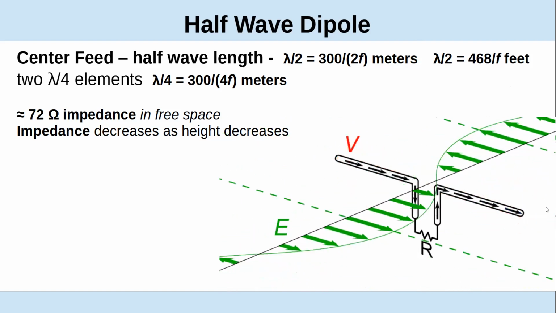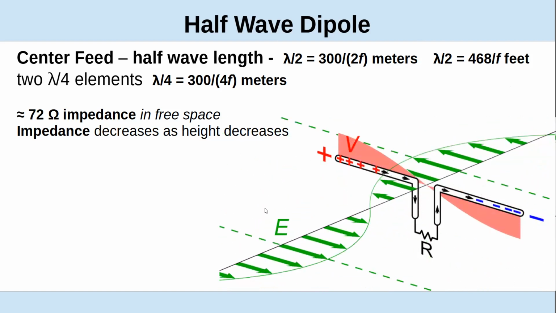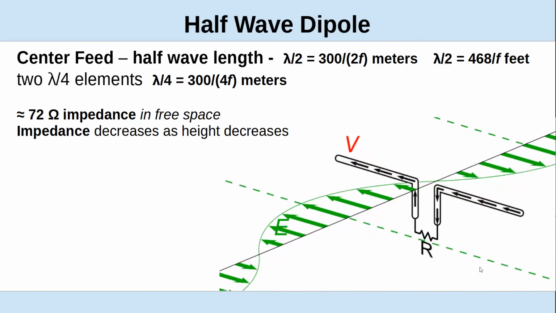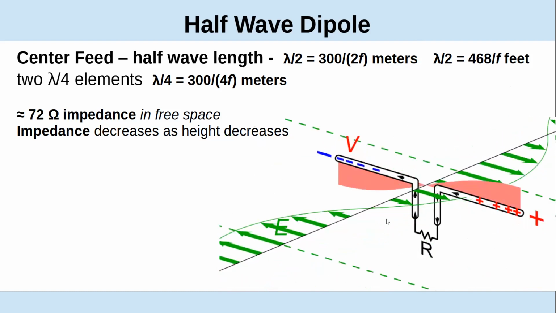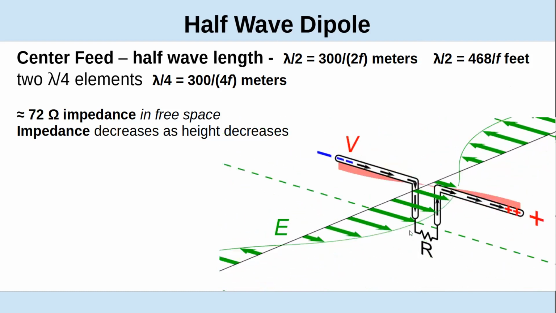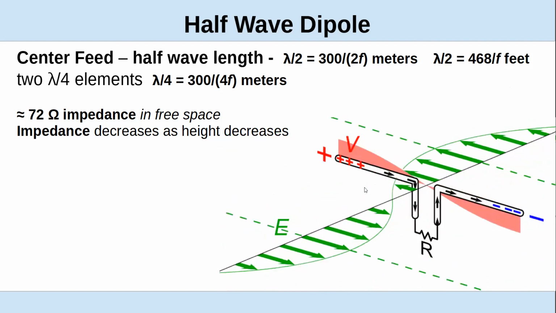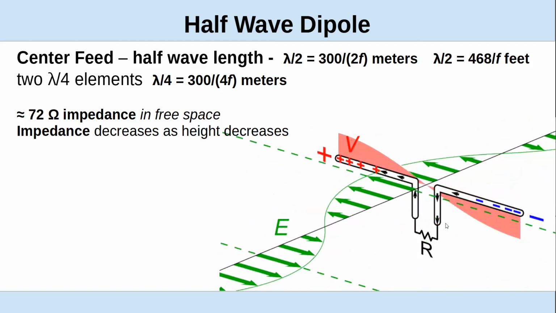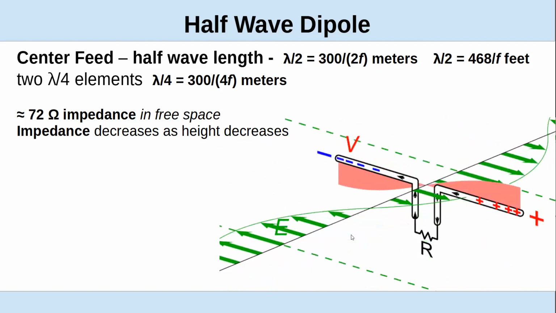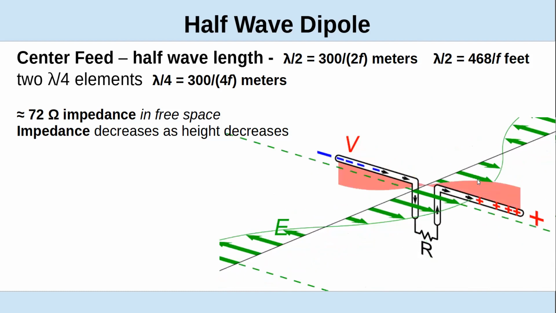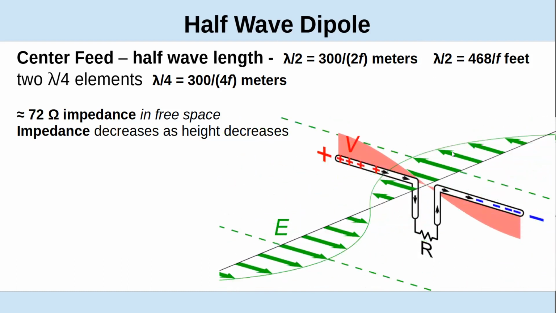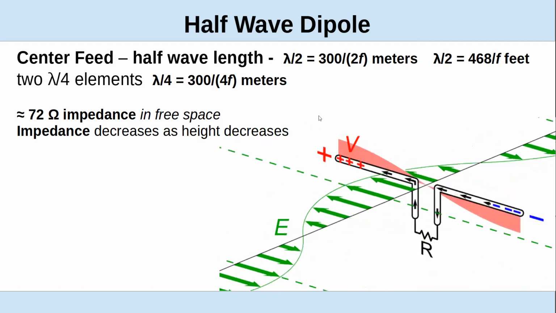So if that element is horizontal to the Earth, that's what we call horizontal polarization, because the waveform is varying horizontally. Even if you rotate this around, because this wave is all the way around it, even if it was shown vertical, it's still going back and forth in a horizontal direction.